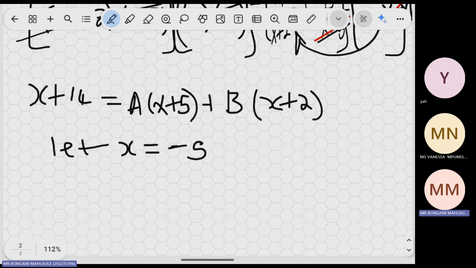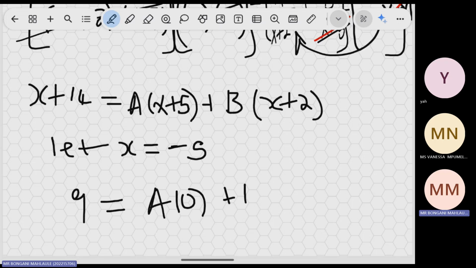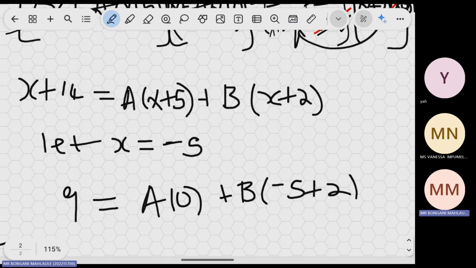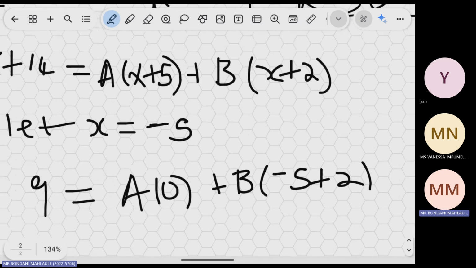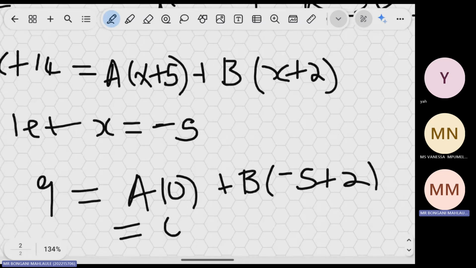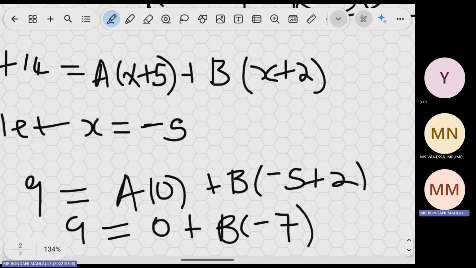So -5. On the left, if I'm letting my x be -5, I'm gonna have 9. Then this part will become 0. Then we'll put -5 plus 2.